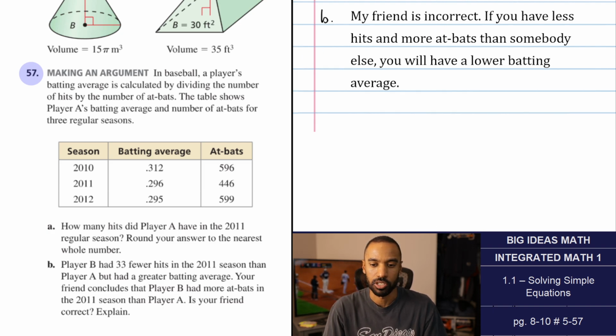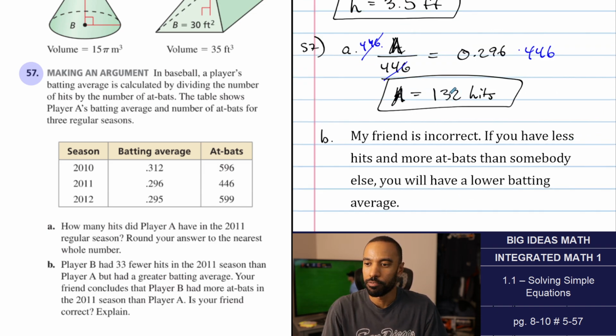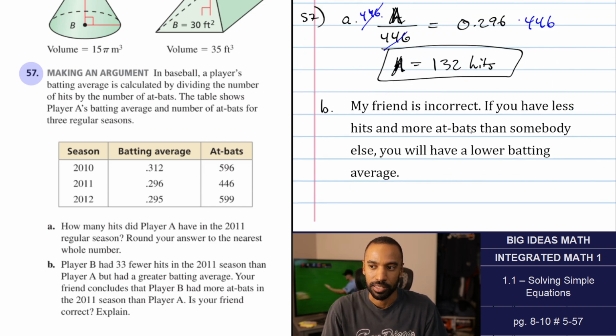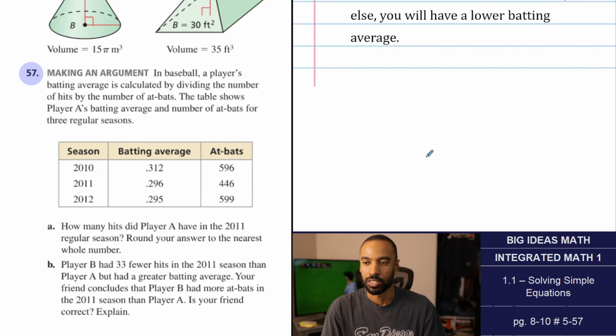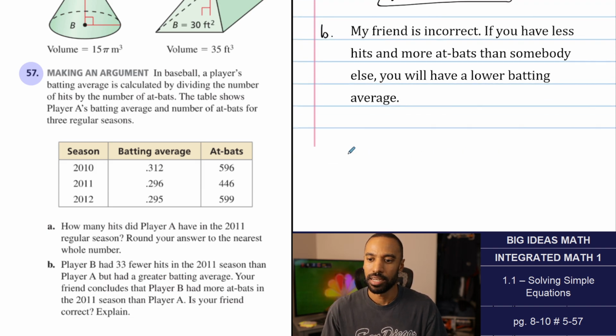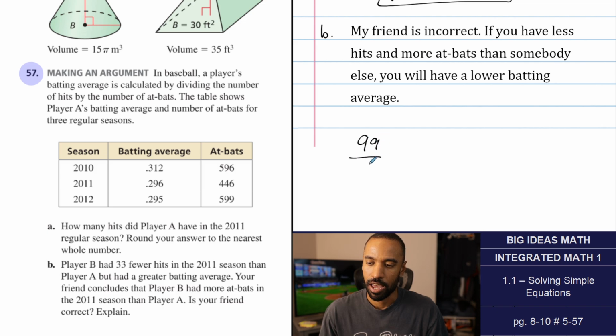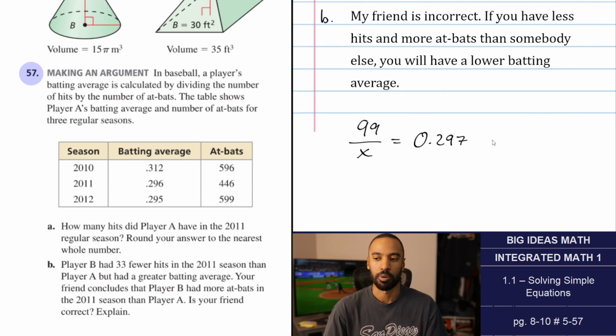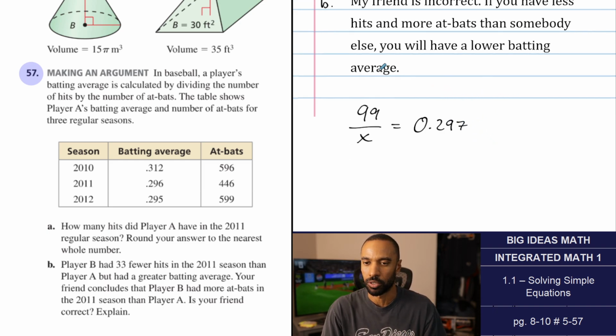They're not asking us to compute what it would be, but now I have 33 fewer hits. That's going to be 99 hits. What do I have to divide? Let's solve that one. 99 hits divided by how many at-bats would give you, let's just call it 297.